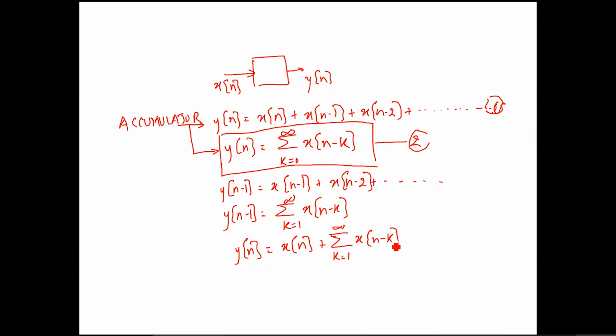We have just taken the last term out, and this whole thing is what we see right here, the previous output. So we can write this y of n as x of n plus y of n minus 1.